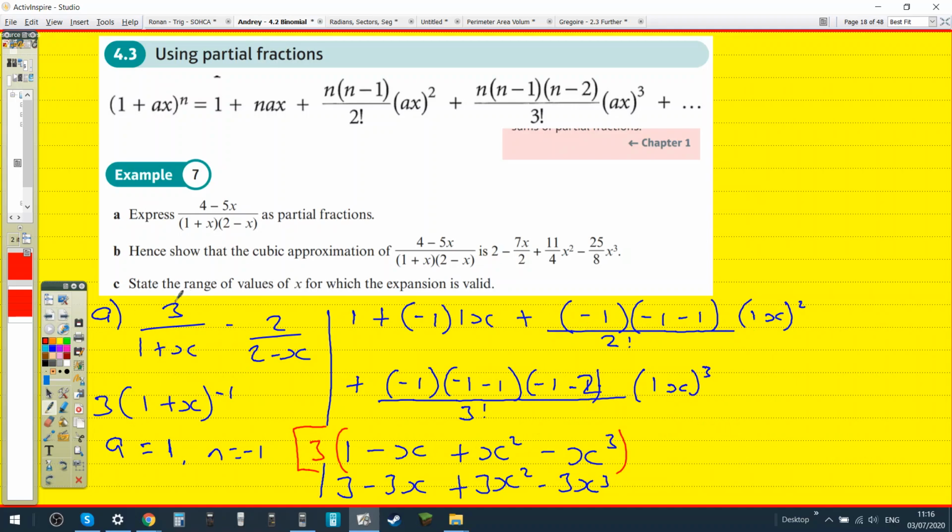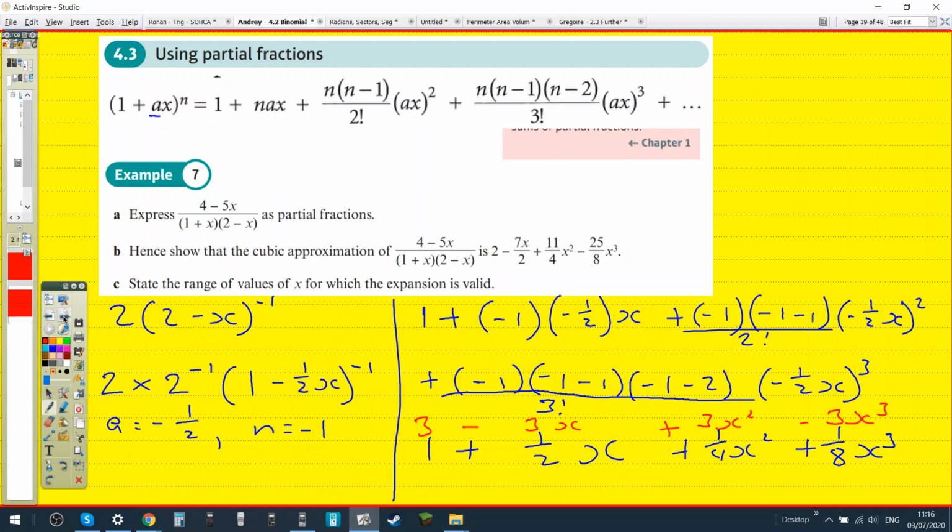Originally, in partial fractions, our answer for part A was 3 over 1 plus x, and that was minus 2 over 2 minus x. What do we do with our two answers? Add them together. Subtract, because it was minus. Because B was minus 2.